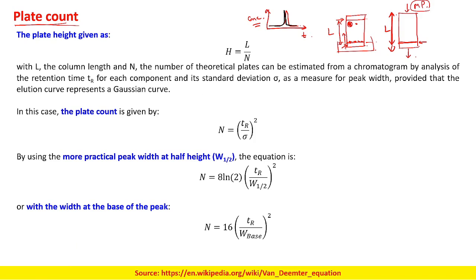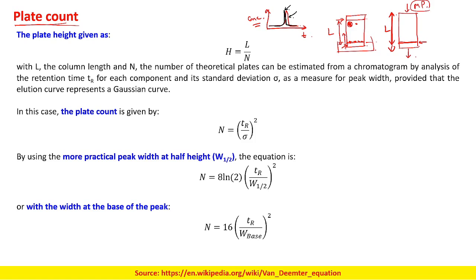Now how is this happening? If you look at the black peak, it is narrower, so the resolution of your column system is better with the black peak as compared to the resolution of the column or plate when you got this red colored graph.